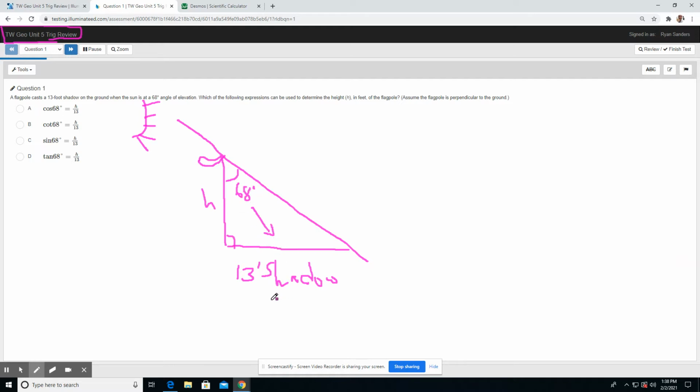Across from the 68 degrees is the opposite side. Next to the 68 degrees is the adjacent side. Adjacent. All right, and so let's use our SOHCAHTOA.